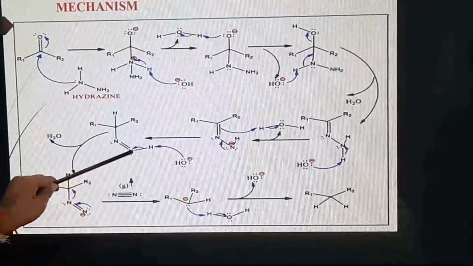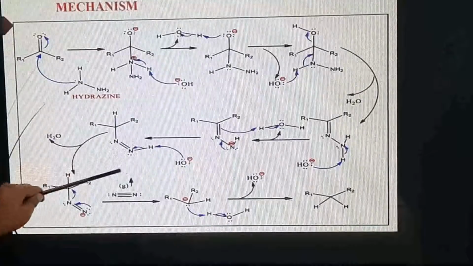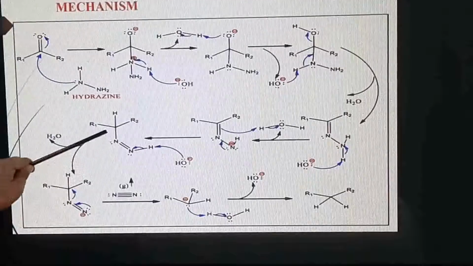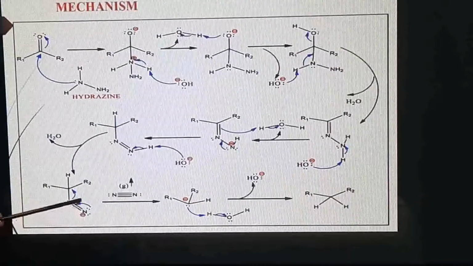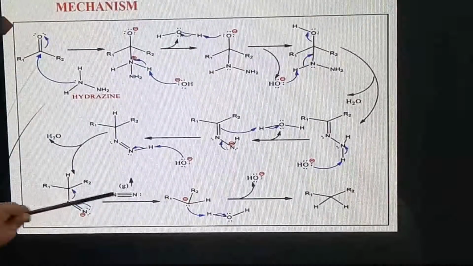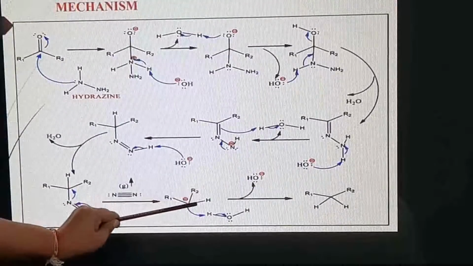Next there is a loss of nitrogen in the form of gas, with N double bond N minus formation, and simply there is a formation of R C minus R2 H.